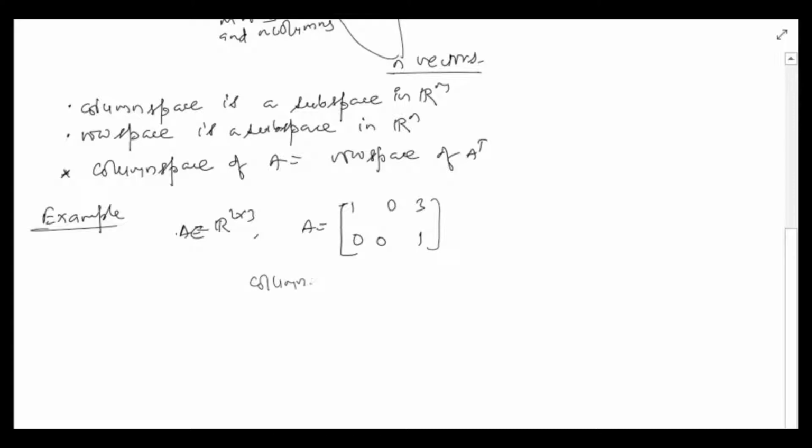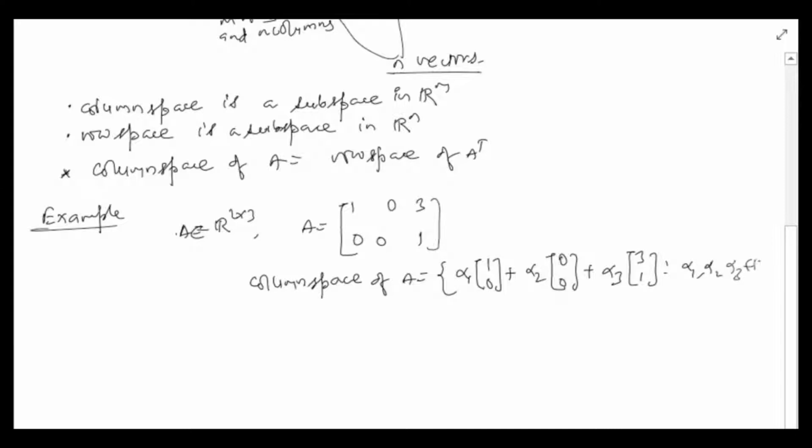So column space of A is alpha 1 times first column 1 0 plus alpha 2 times second column plus alpha 3 times third column 3 1, where alpha 1, alpha 2, alpha 3 are real numbers, and as I said, it is entire R2.